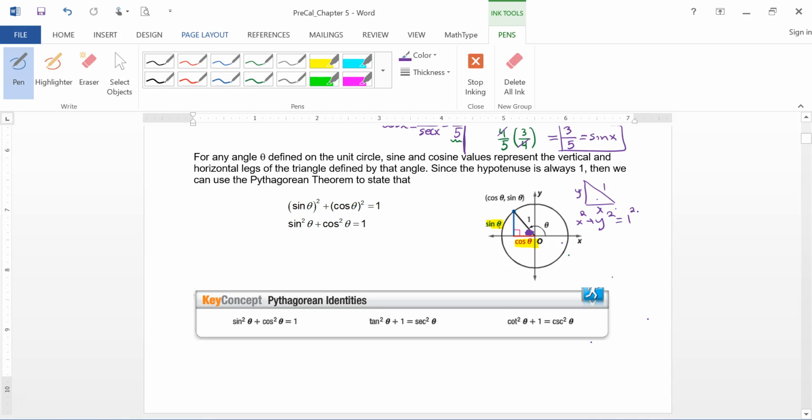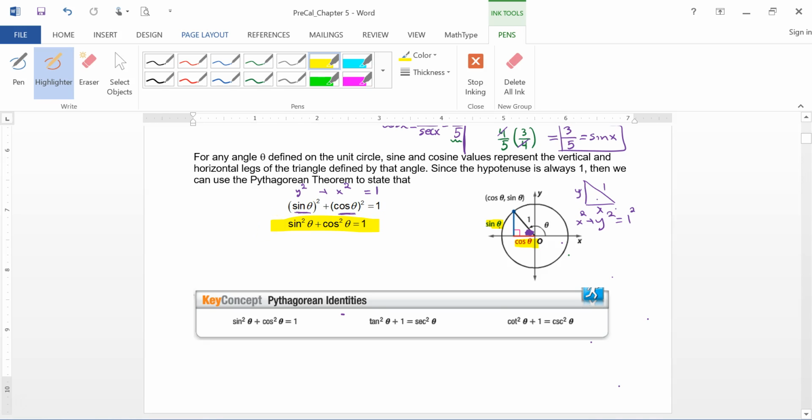Now, if you want to use cosine and sine instead, then it's sine squared plus cosine squared equals 1, right? Y squared plus x squared equals 1. And if you write it simply, then it's this.